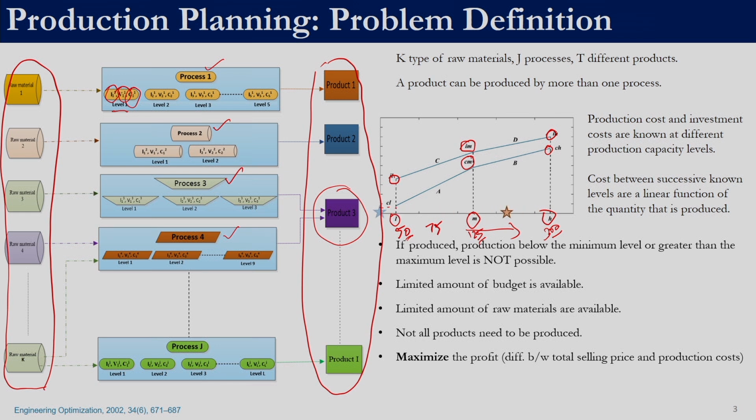So, we know this point. If we call these points x1, x2, then CL is nothing but y1 and CM is nothing but y2. We know x1, y1 and x2, y2, and if we are told that it is a linear function between x1 and x2, we can calculate the production cost for any value between 50 and 125.